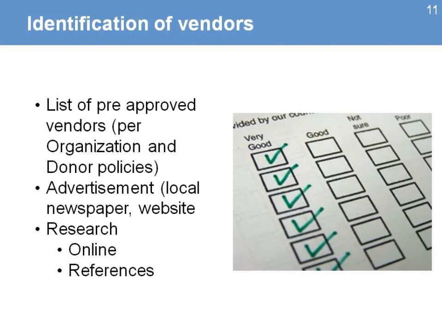The next step is the identification of vendors. Sometimes the organizations already have a list of pre-approved vendors, and you need to follow the organization and donor policies about who are those approved vendors. If not, you can go to an advertisement using the local newspaper or the website to seek potential bidders for your work, or do research using online tools or references to find out who are the companies or the vendors who have that skill or the goods that you're needing.